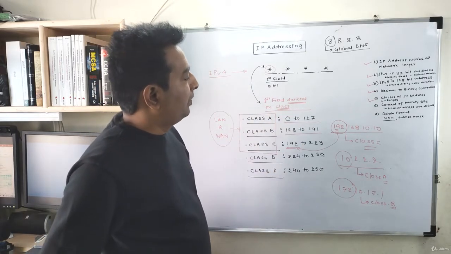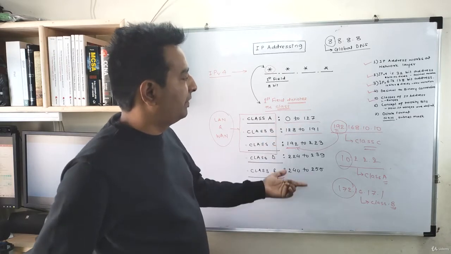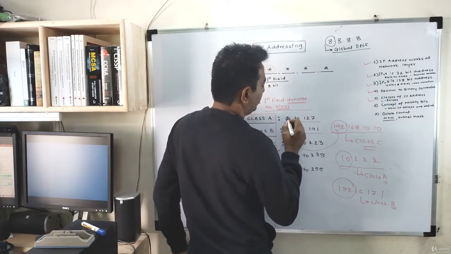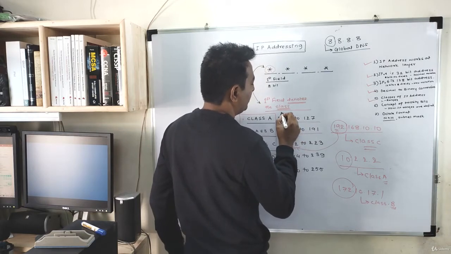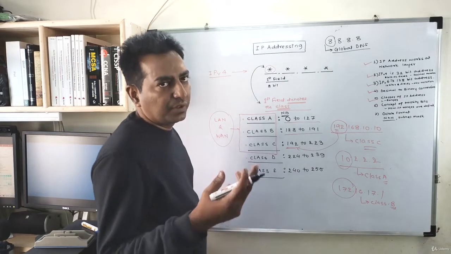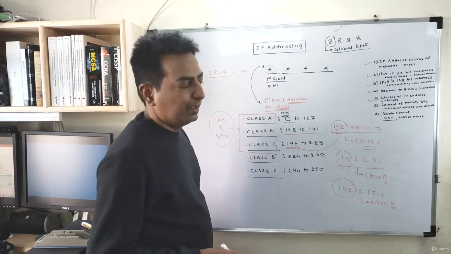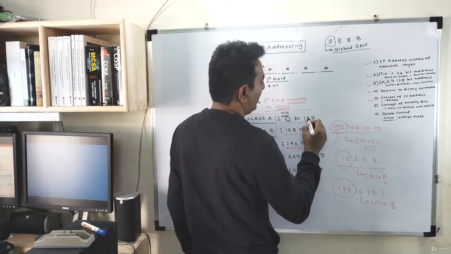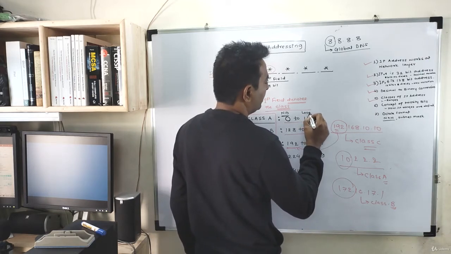Okay, so we will also see the exceptions within this. For your understanding, 0 cannot be used. This is the network ID, the first address for the entire network, so this cannot be used. 127 is a loopback address.